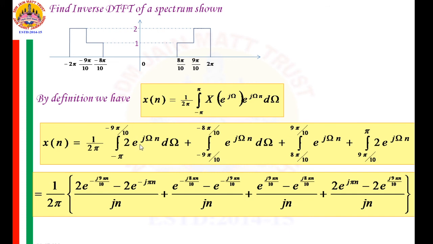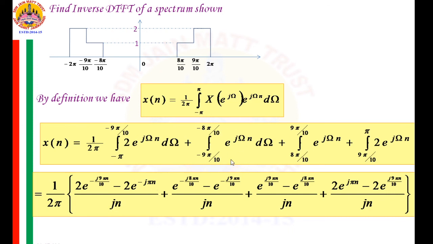Now the integrations, as you know, give e raised to j omega n by jn, and then you substitute the limits from minus pi to minus 9 pi by 10. Here you will get 2 e raised to minus j 9 pi n by 10 minus 2 into e raised to minus j pi n, divided by jn.